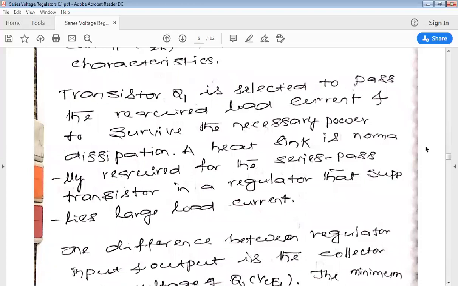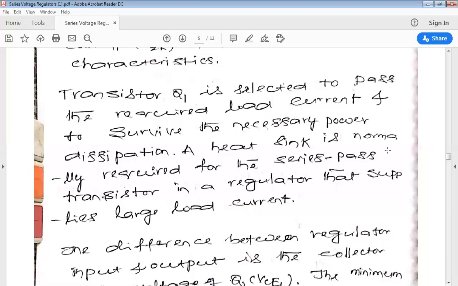To survive the necessary power dissipation, a heat sink will be provided for the series pass transistor to dissipate that heat.